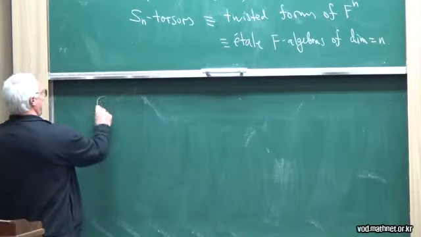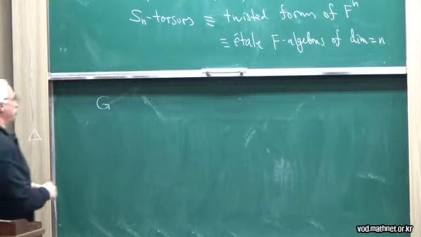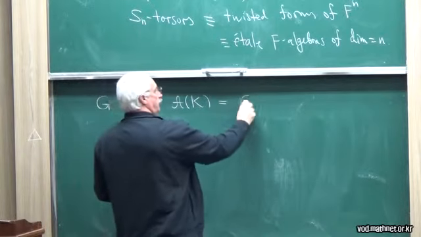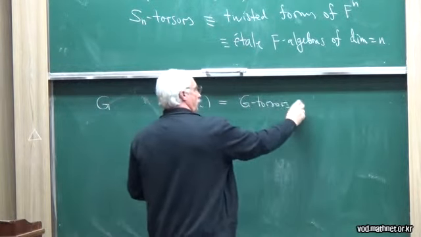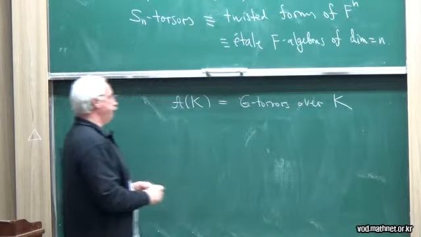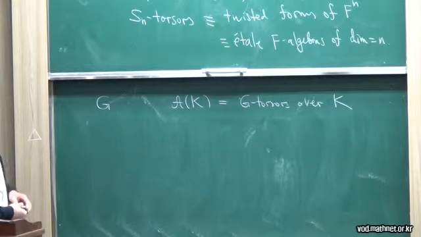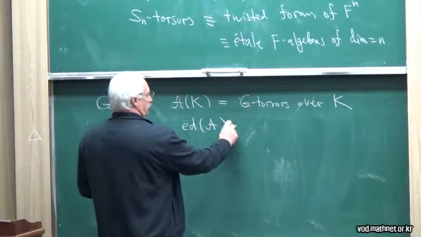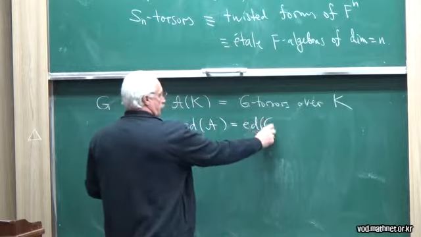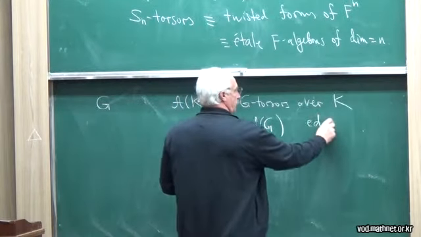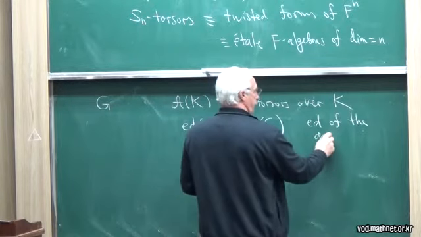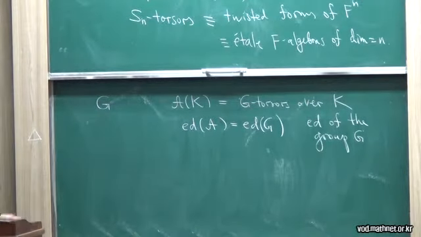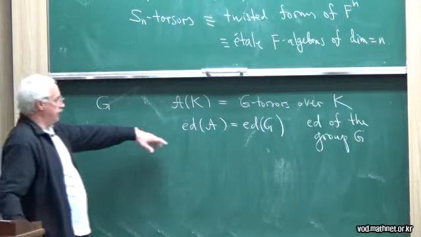Well, you fix a group G and you consider the following structure: A of K, just the set of isomorphism classes of G torsors over K. And then you can ask what the essential dimension of this is, and the essential dimension of this A is denoted by the essential dimension of G and is called the essential dimension of the group G. So by definition, the essential dimension of the group G is the essential dimension of the class of the torsors.